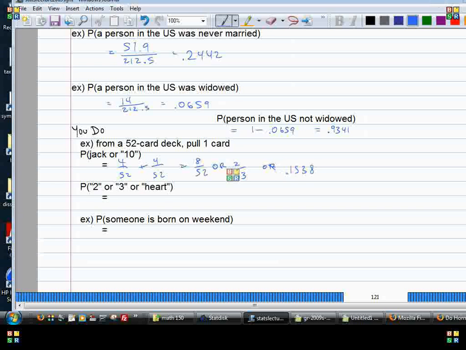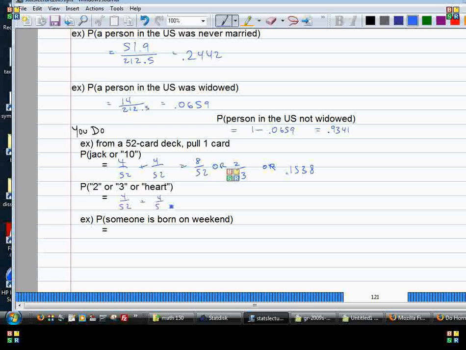Okay, and how did you get that, Josh? Yes, you're quite right, but I want to do it in a more general way, a way that'll always work. So how many 2's are there? 4. So the probability is 4 out of 52.